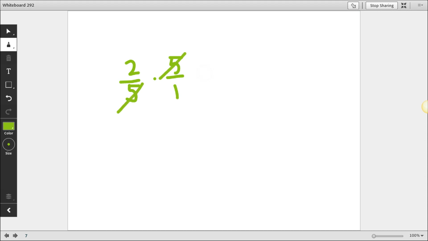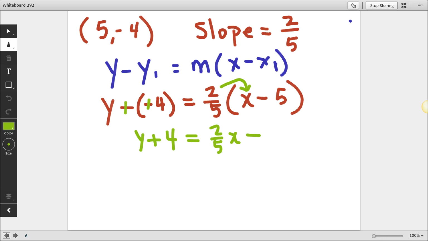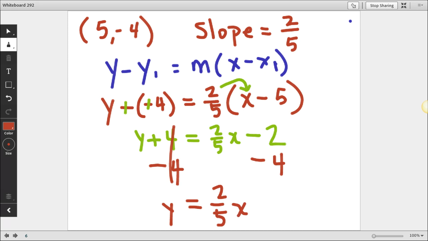The 5s are going to cancel, leaving me with 2 over 1, which is 2. So when I distribute there, I'm going to get minus 2. And now, just like the others, I've got one step to solve. I'm subtracting 4. Subtracting 4, those cancel. y equals 2/5 x minus 6. Done deal.